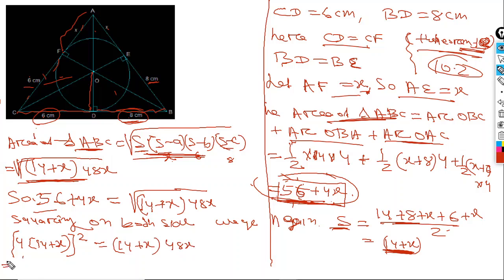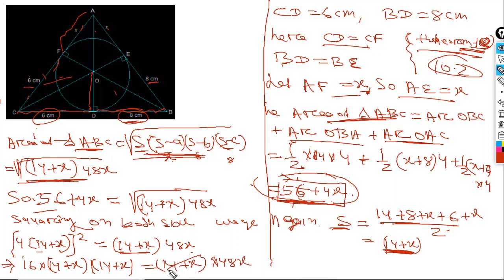Now you see here 14 plus x is here and also 14 plus x square, so it will be 4 square, which is 16, into 14 plus x into 14 plus x on the LHS. Now the RHS will be 14 plus x into 48x.